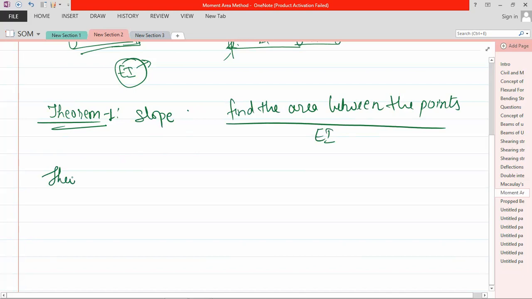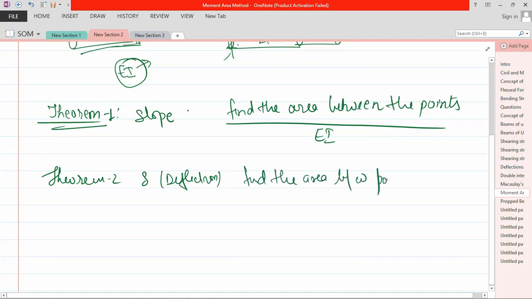Theorem 2 is for deflection, delta: we find the area between the points, multiply it by x bar, the center of gravity of that area, and divide by EI. These are the two theorems, and I will explain their meaning here.